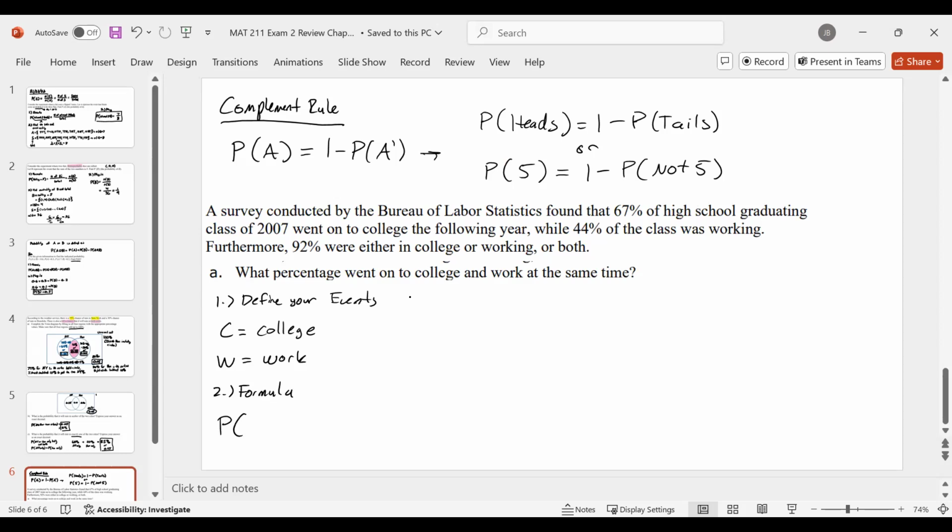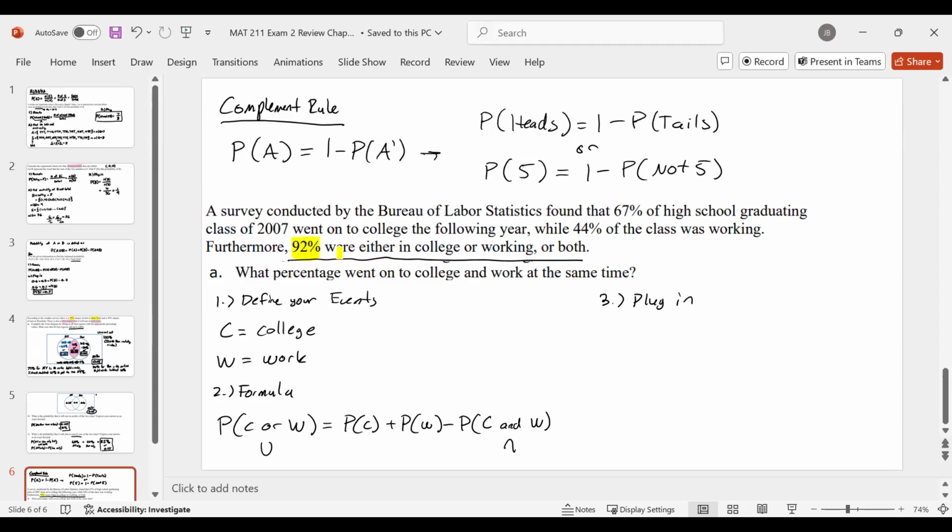So step two is the formula. The probability of college or work is equal to the probability of college plus the probability of work minus the probability of college and work. This would be union, this would be intersection. Don't forget that. And step three is plug in. The probability of college or work: 92% were in college, working, or both.